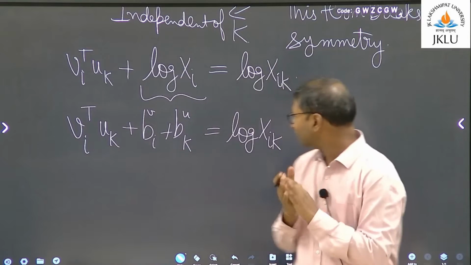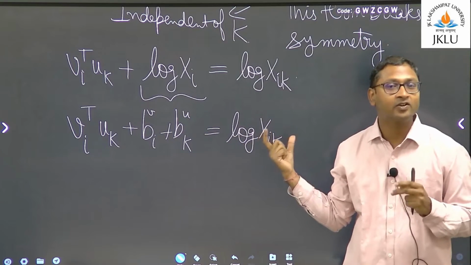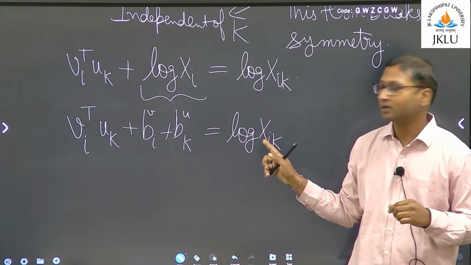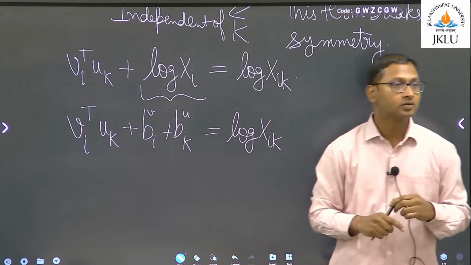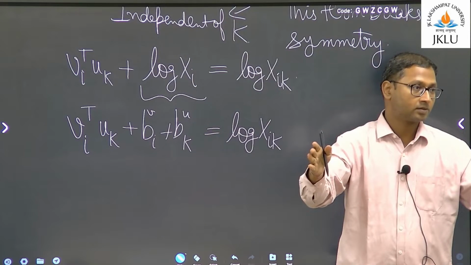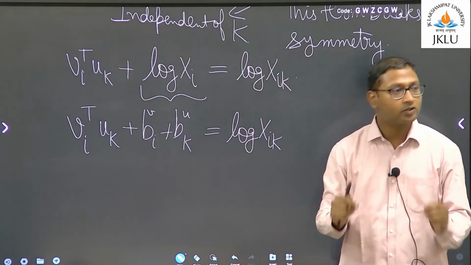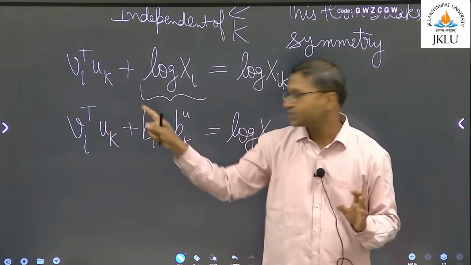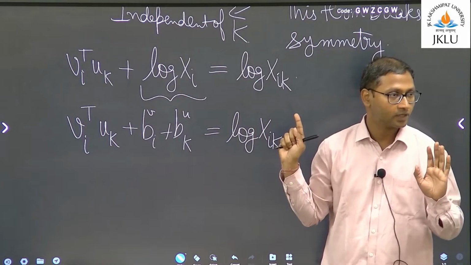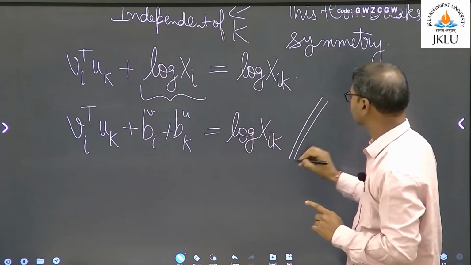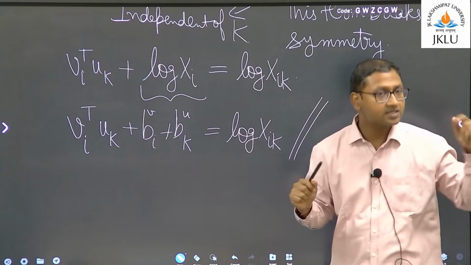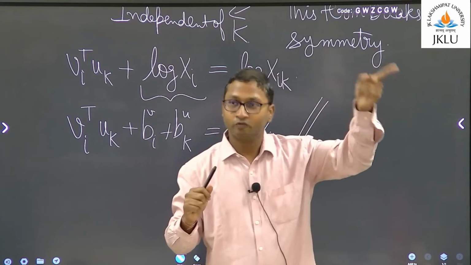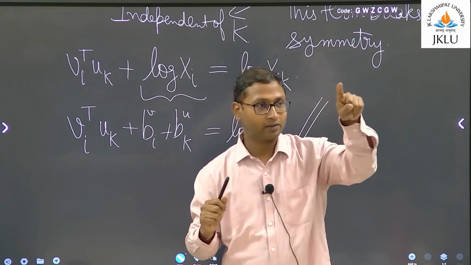See, what we are saying is, is the right hand side known to us? Right hand side is known to us. Left hand side, all parameters. So I am just trying to find a function which I want to equate with this. We initially started with f of Vi, Vj and Uk, right?